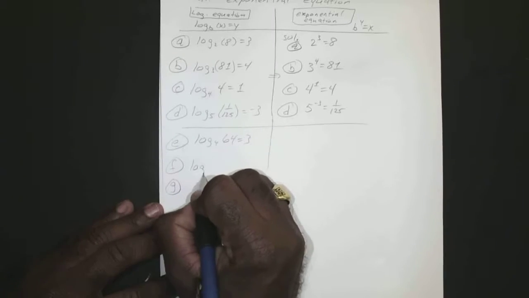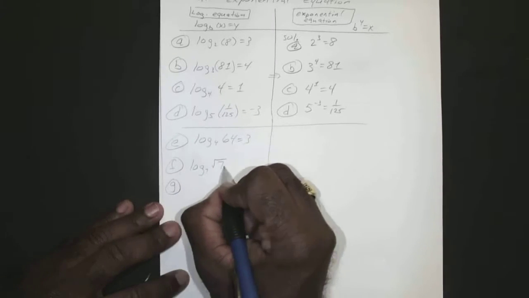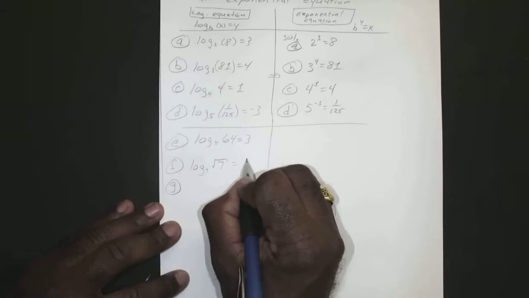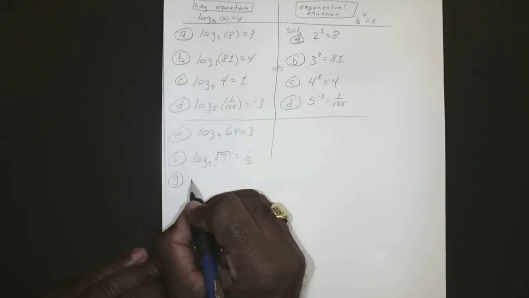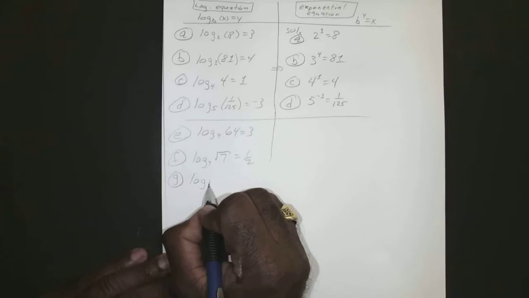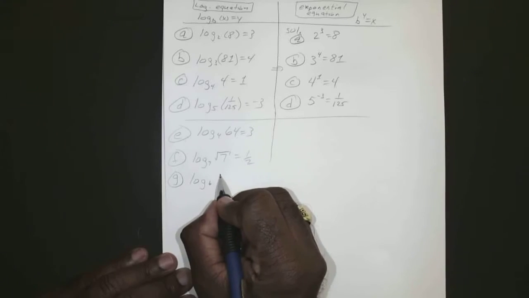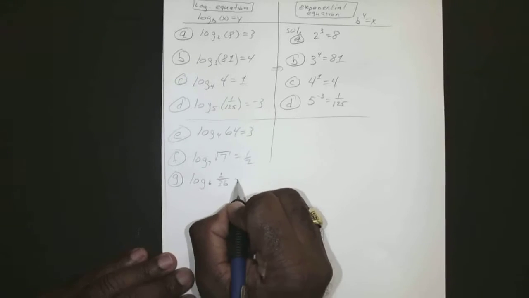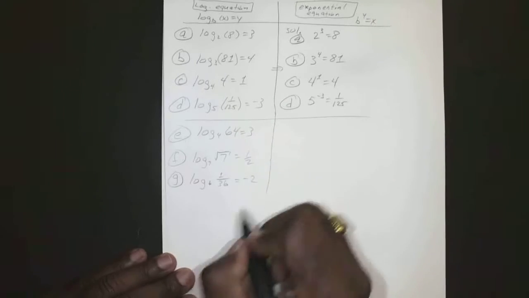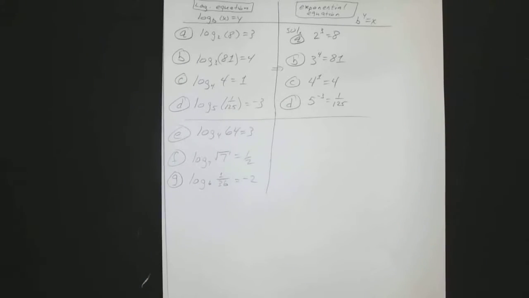Say log base 7 of square root of 7 equals 1/2. And let's say log base 6 of 1 over 36 equals negative 2. Just go ahead and convert those all to exponential equations.